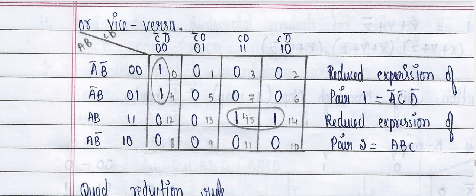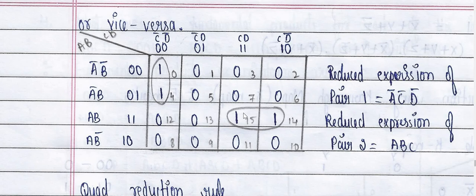Then consider the top side. What is the top side? C D and C D bar. Which variable is changing? D is changing to D bar. C is not changing.